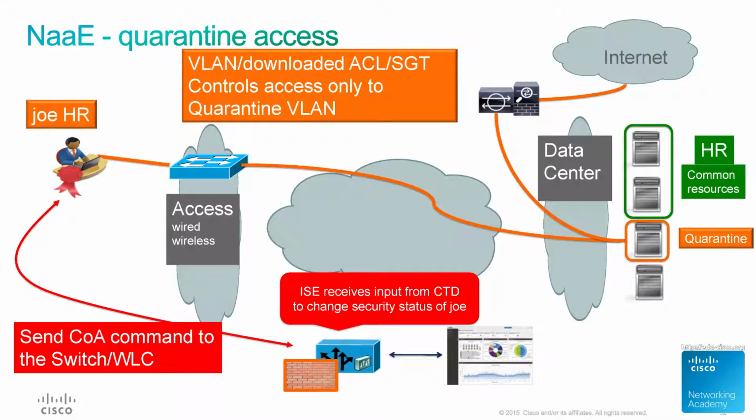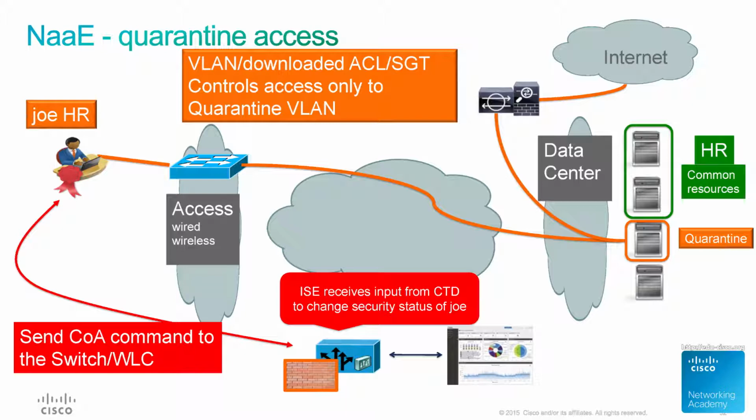And a signal gets sent from ICE down to the access switch. It's called change of authorization. And a new access list gets downloaded, or a new VLAN, or a new security group tag. And he gets lower access in the network. So this is kind of cool for a number of reasons. And one of them is, if he's infected, he's like, oh, I can't access the network.